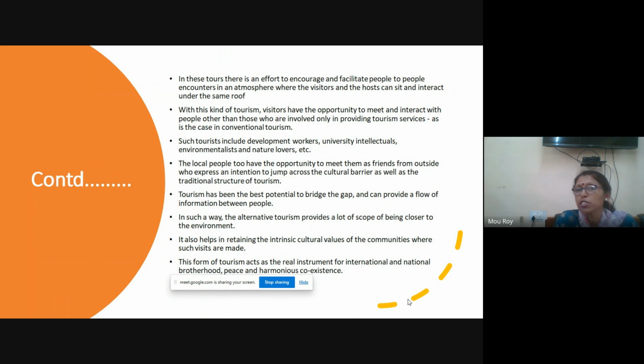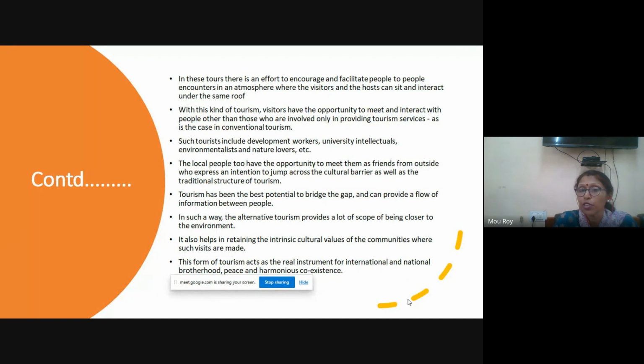Such tourists include development workers, university intellectuals, nature lovers, and environmentalists. I've said all this before, okay? So the local people too have the opportunity to meet them as friends from outside who express an intention to know about each other's culture and tradition.